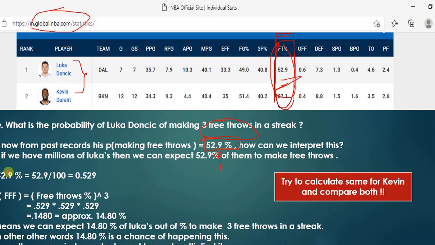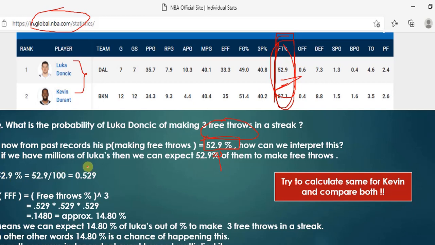So the best way to understand 52.9% is, if we have millions of him, we can expect 52.9% of them to make the free throw. And 52.9% into 52.9% is the fraction we can expect to score free throws two times in a streak out of the millions of him.